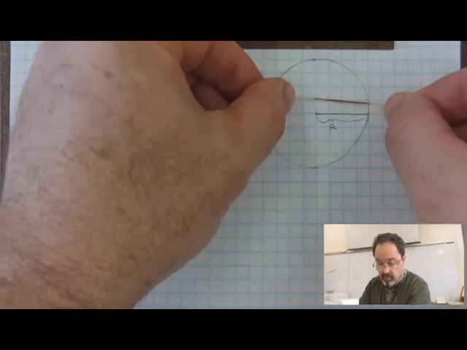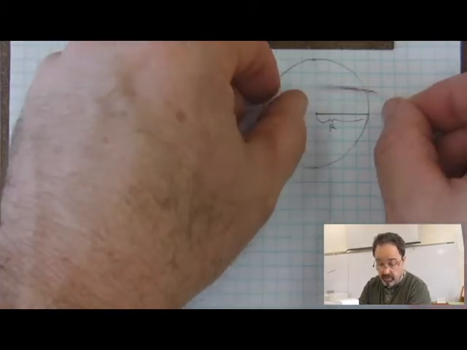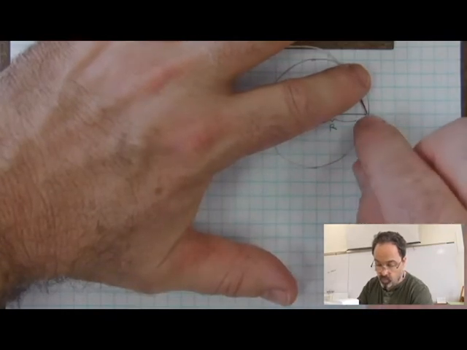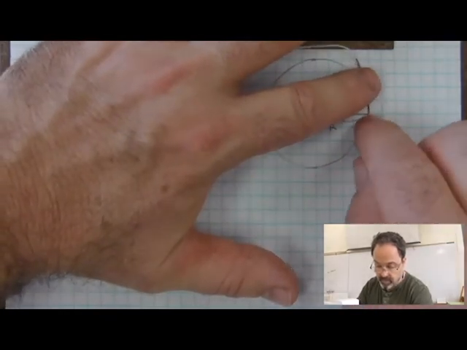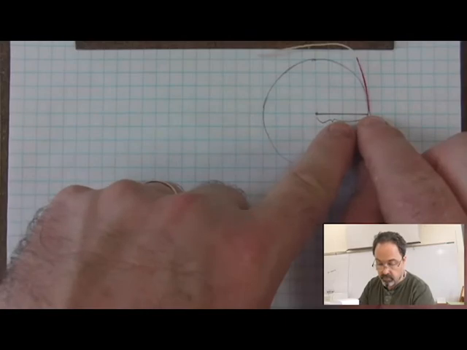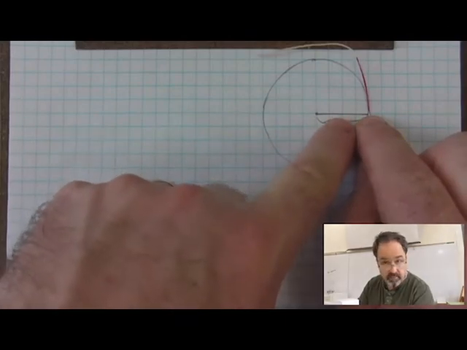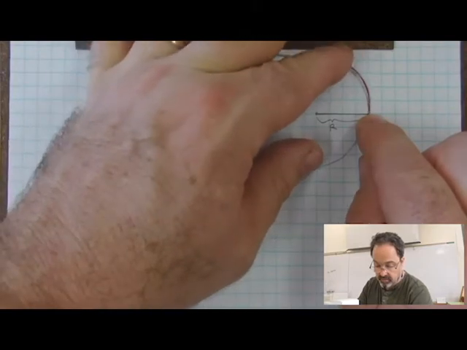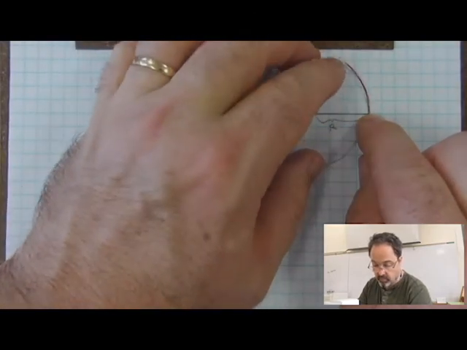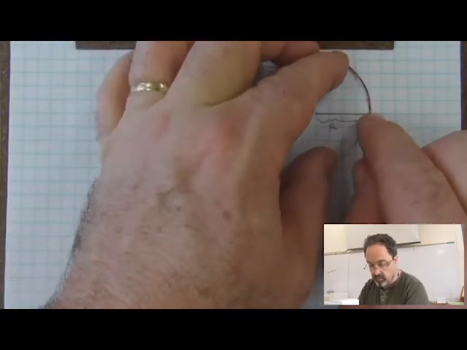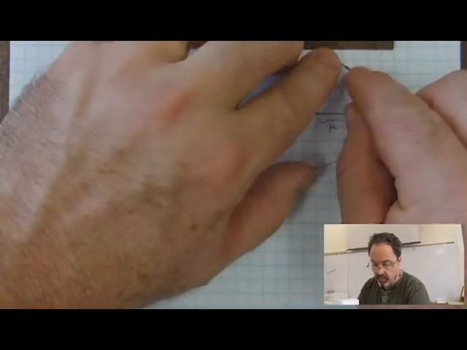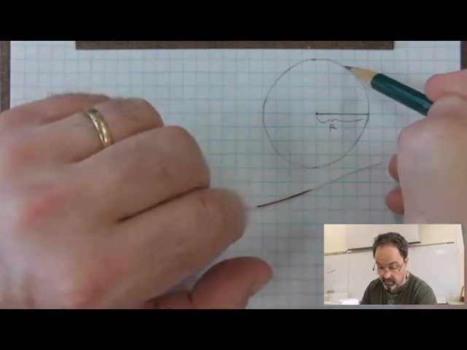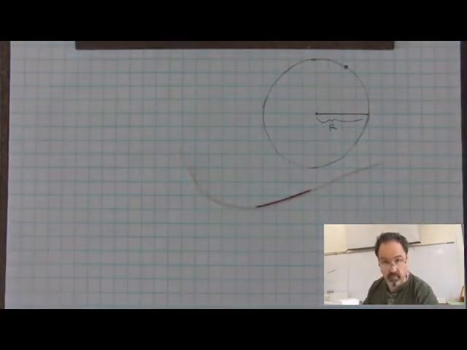I've colored the length of the radius red, and what I'm going to do with this length is set one endpoint on the circle that is at the end of this radius, and wrap that radius length around the circle and make a note of where the other endpoint of this length lies on the circle.